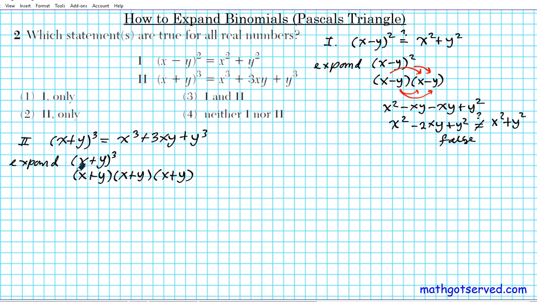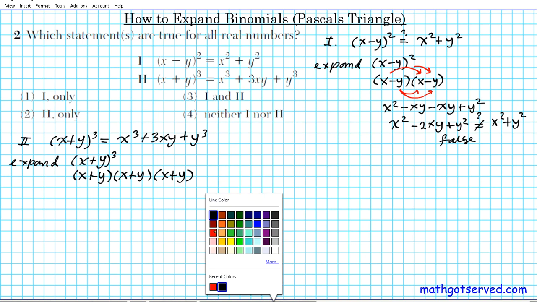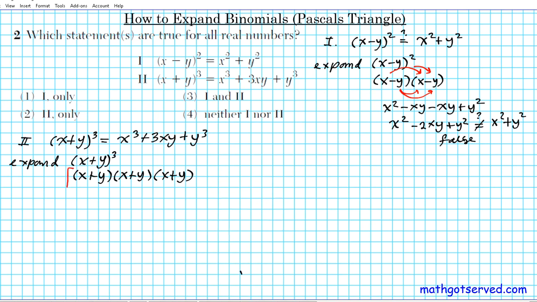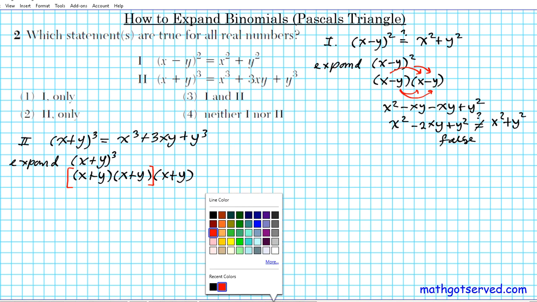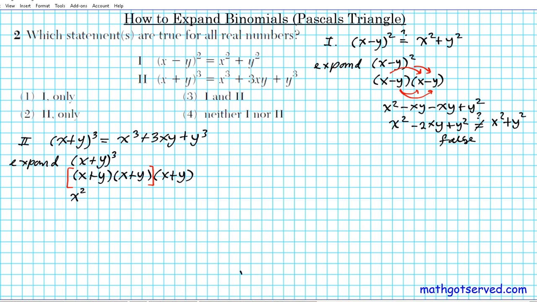Alright, so let's go ahead and carry out the multiplication. We'll do it 2 at a time. We are going to multiply the first 2 first, and then multiply the resulting product by the last binomial. When we follow first, outer, inner, last, we're going to have x squared plus xy plus xy plus y squared, times x plus y.